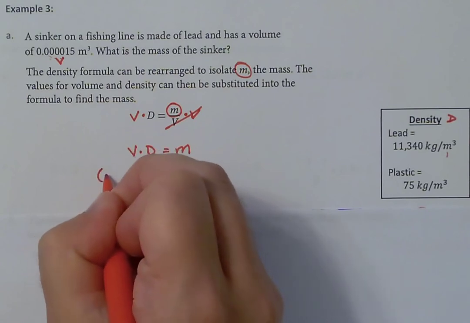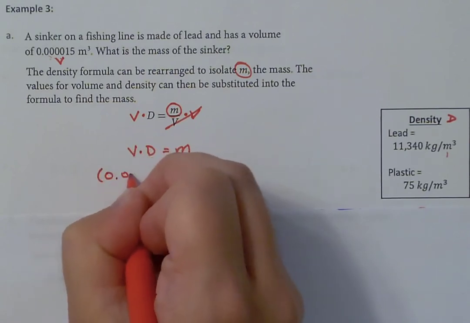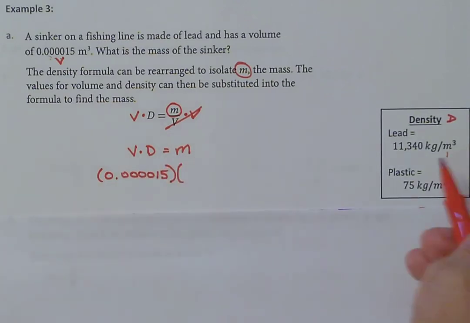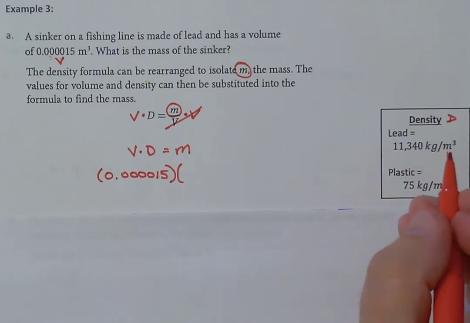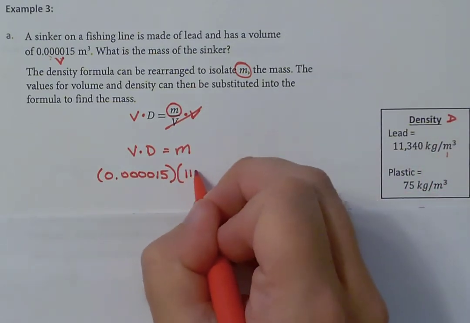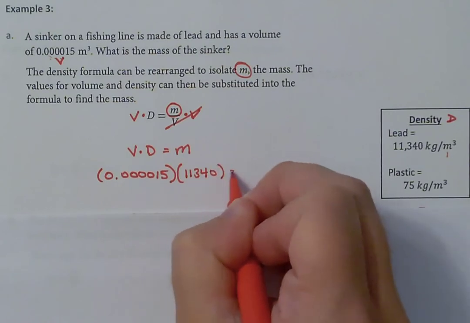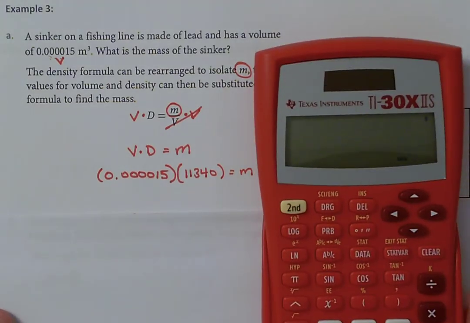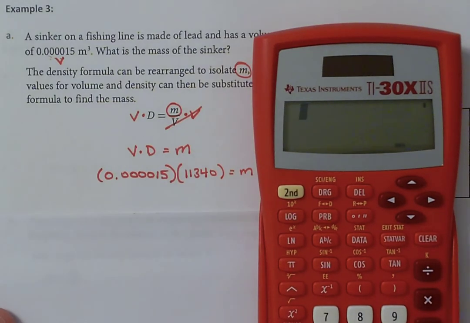So the volume is 0.000015, and the density is going to be 11,340. And that is going to equal the mass. Now, I don't know off the top of my head what that multiplication is, so I'm going to use my calculator to do this. So we're going to do 0 point, and then we have 4 zeros, so 0.000015 times 11,340.